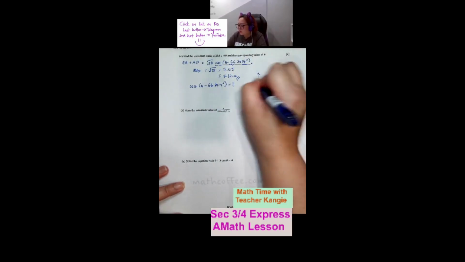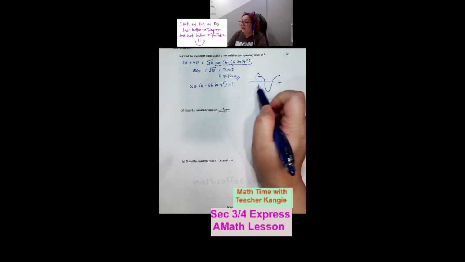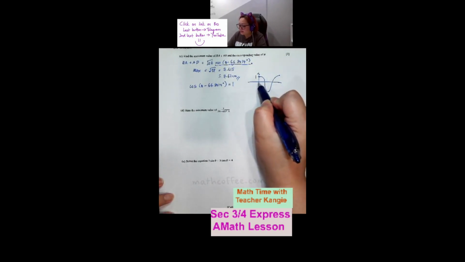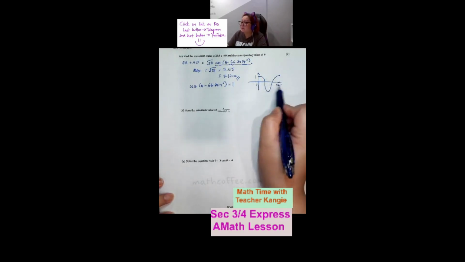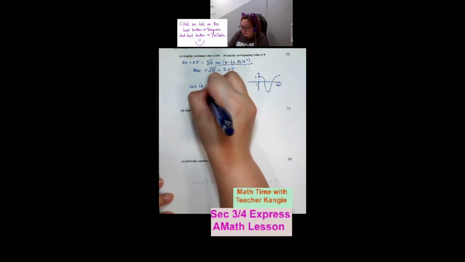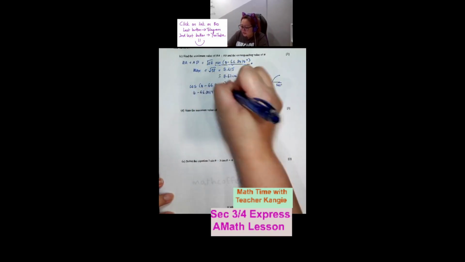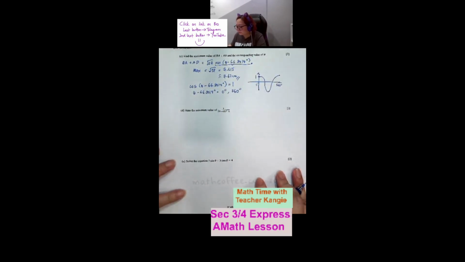Then let's take a look at our cosine graph. Where is 1? 1 is here. So when is it that cosine is 1? It happens at 0 degree as well as 360 degree. So theta minus 66.8014 happens at 0 degree as well as 360 degree.